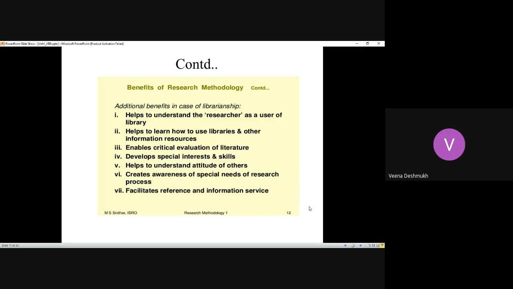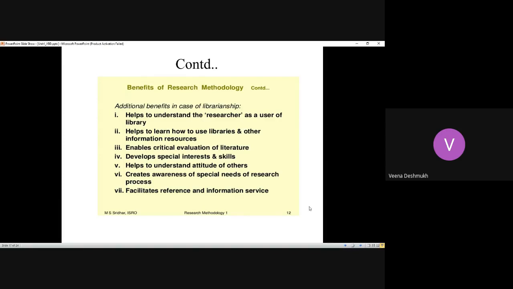Anything related to a vaccine or home remedies for COVID-19 is now in vogue. Like that, any research or literature survey you carry out creates awareness of the special needs of that particular type of research.